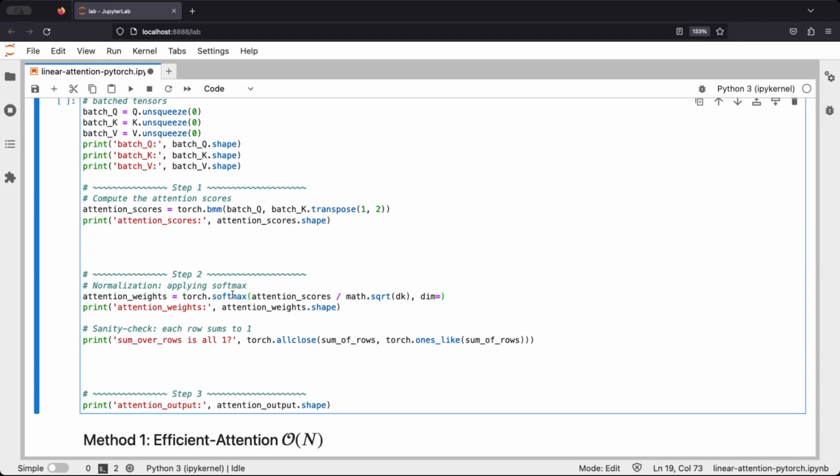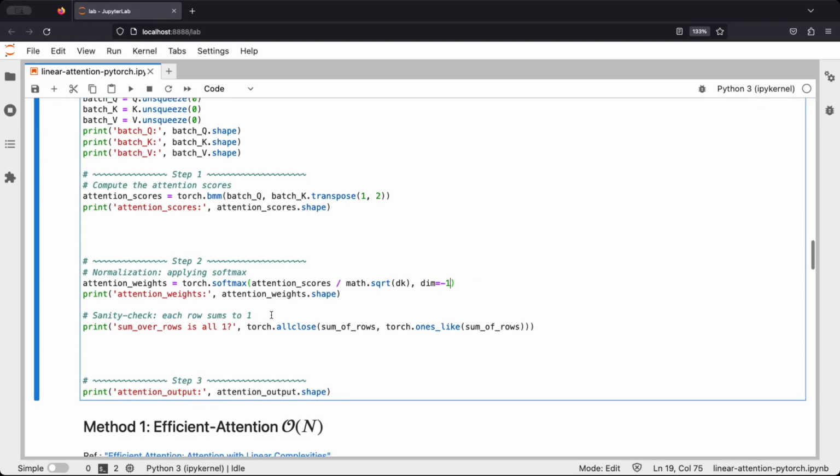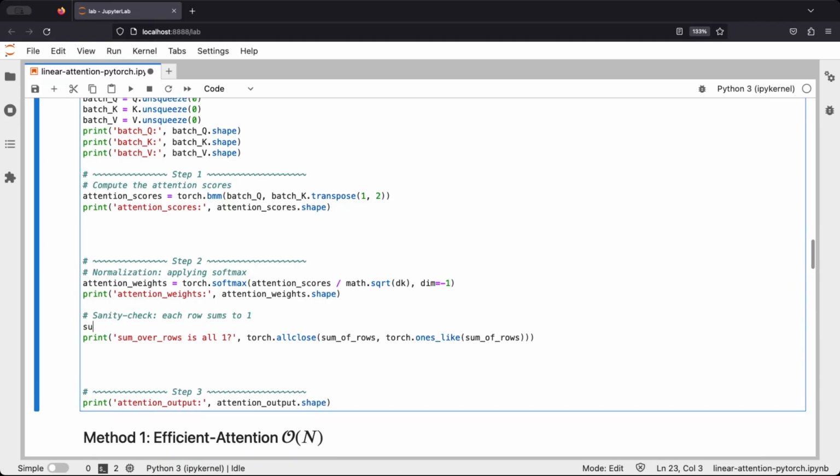So we want to do that over the rows, and here we can use either 2 or we can use -1. -1 means the last dimension. And for sanity checking, we still do that. So sum over rows equals torch.sum of these attention weights, and dim equals the same as here, -1.